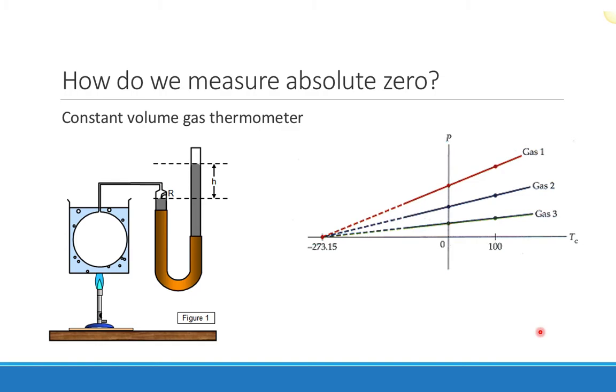And what happens is that you put a gas inside of a bath or a heat reservoir in here. And as you change the temperature of the gas that's in here, it changes the pressure.